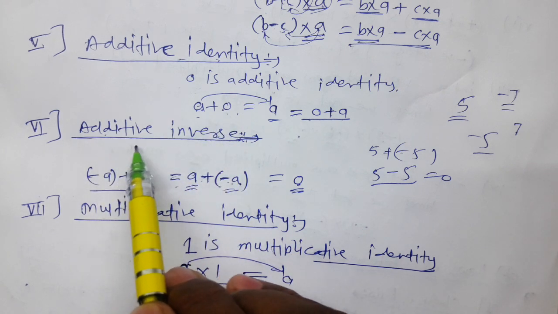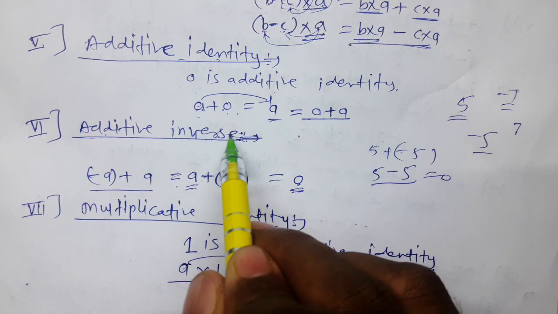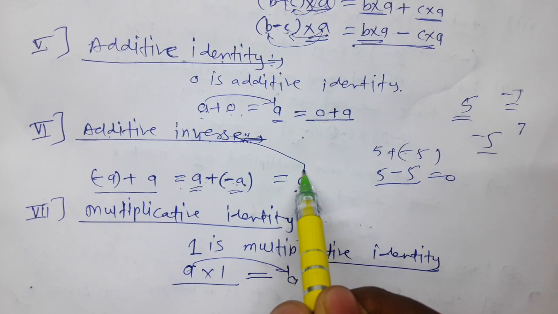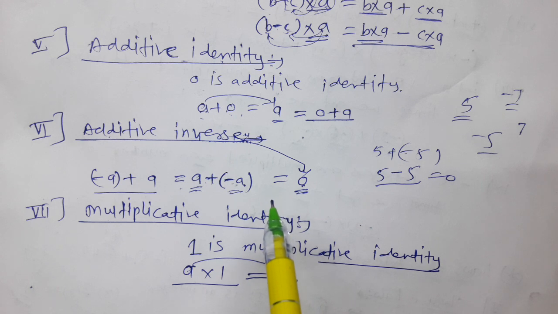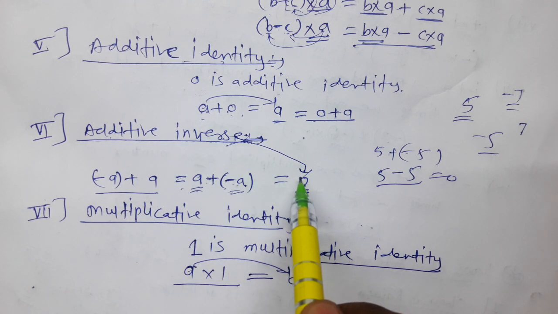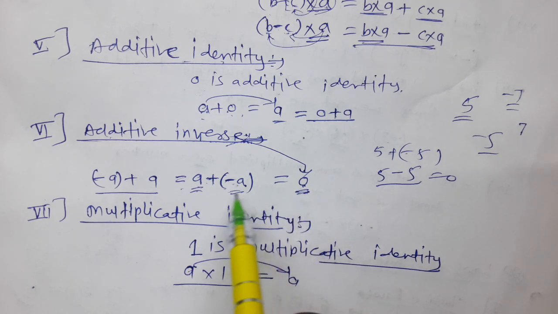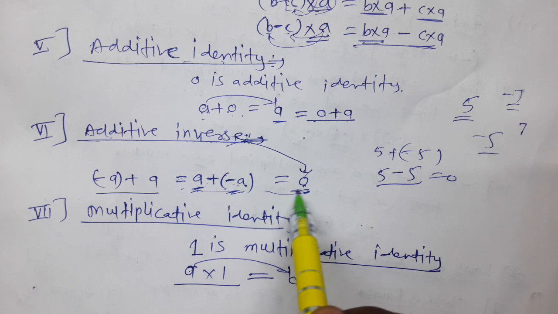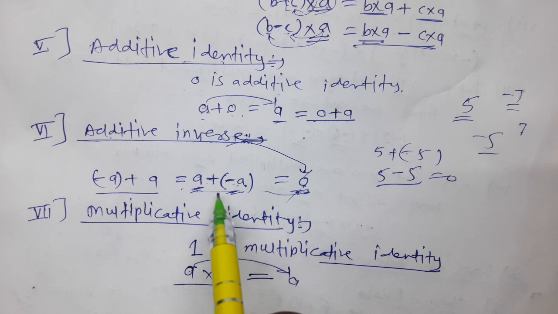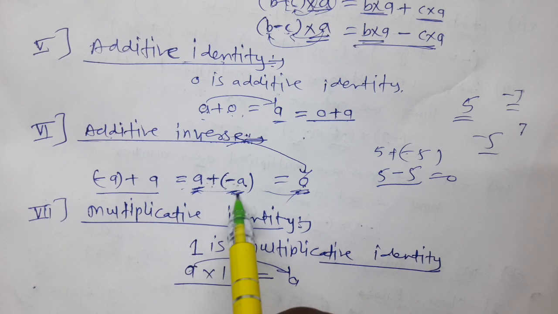Next is the additive inverse. While taking an inverse, the result should be the identity element. Now for the additive inverse, we should get the additive identity as the result. Which are the two numbers for which we are getting 0 as the result of their addition? There are two numbers, a and minus a.